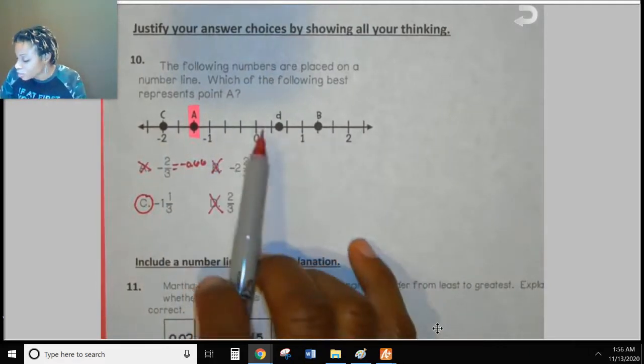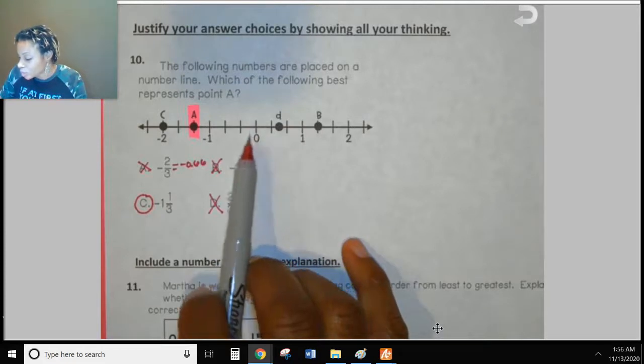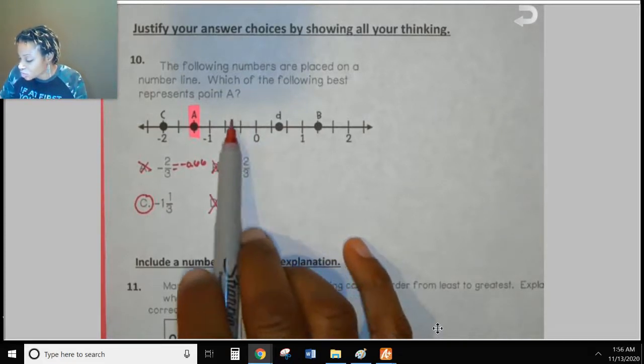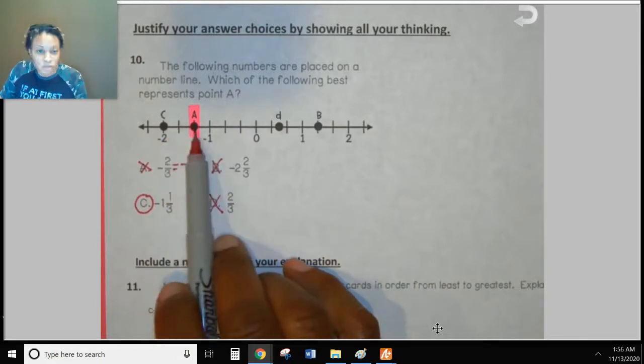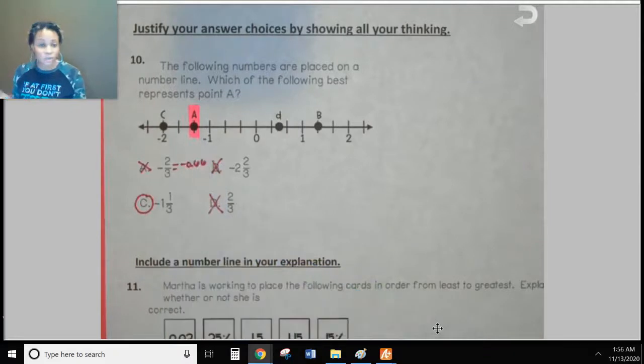And if you take a closer look, we'll see that it's broken into thirds. Here's 1 section, 2 sections, 3 sections. So this is the first section behind -1, which would be the -1/3. So that's how you can locate and compare where your numbers are on the number line just using what we know.